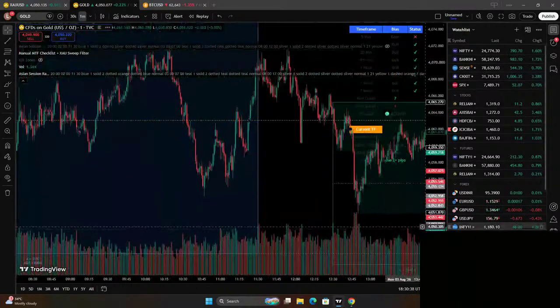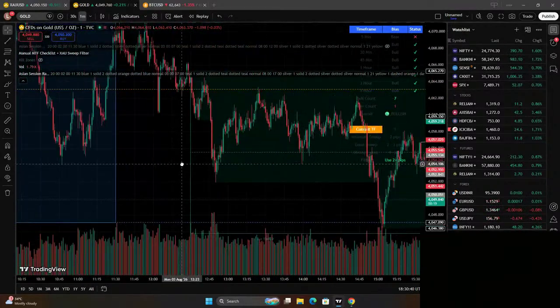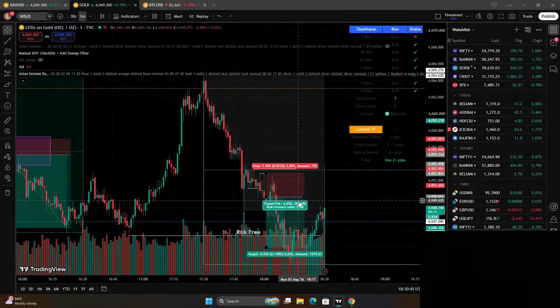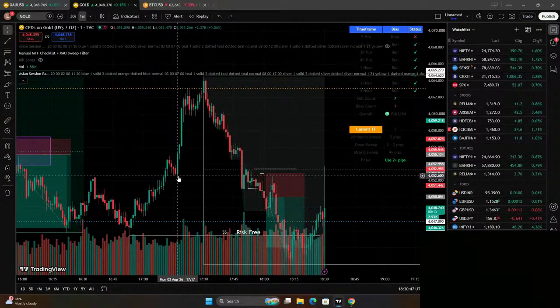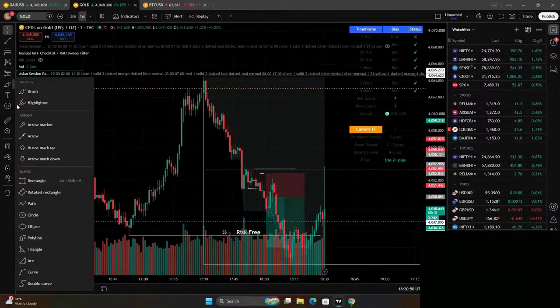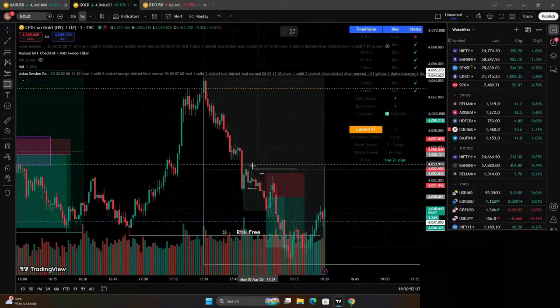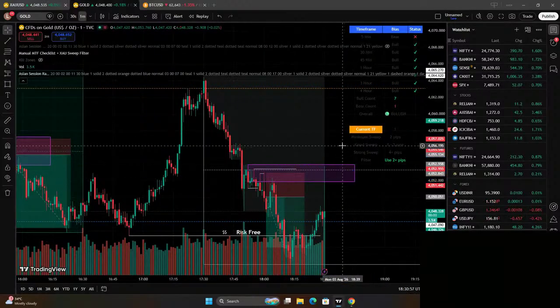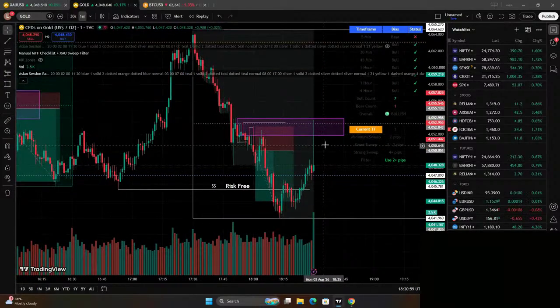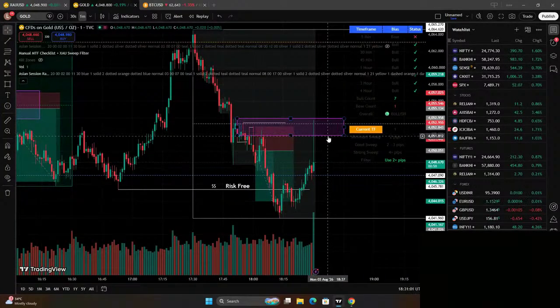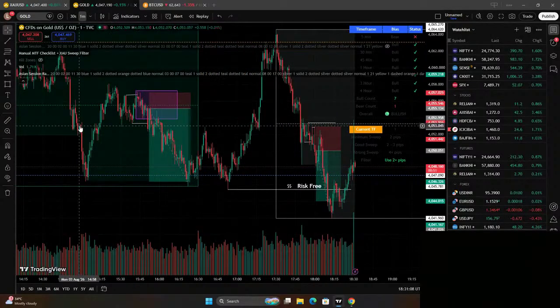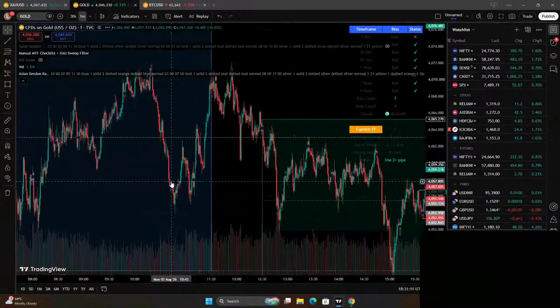But see, this move worked because it came off of a zone over here. This is a selling zone or supply zone over here. That's why this move came. See, here also it came. So that's why. Otherwise, we might need to follow the bias.